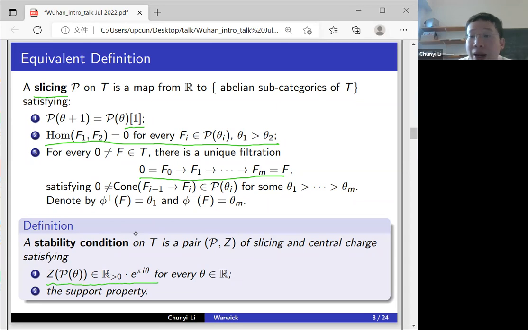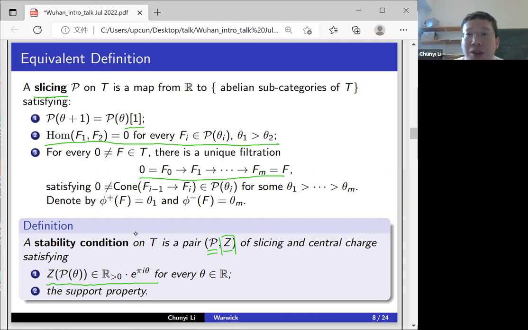So now I can combine this together to rewrite the stability condition as a pair of a slicing and a central charge. The only thing missing here is the support property. I have to include it here as well, as the equivalent definition, which is actually the original definition in the paper.